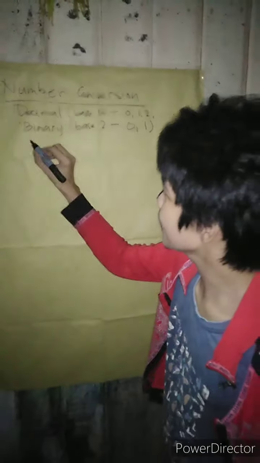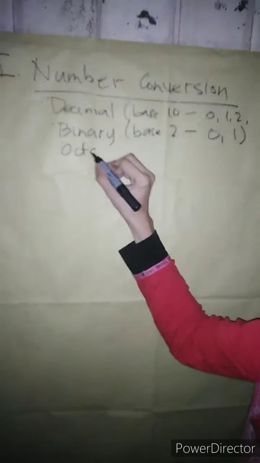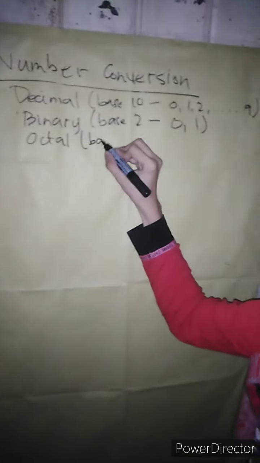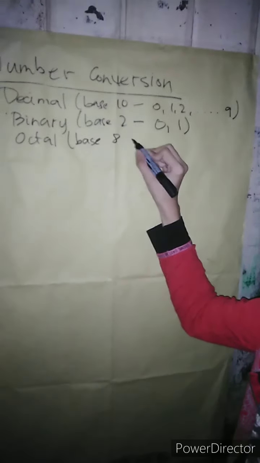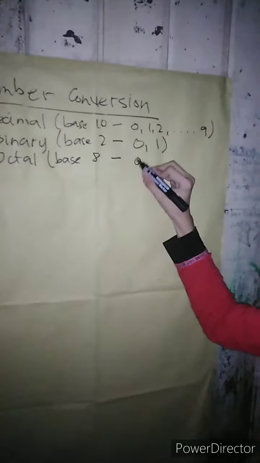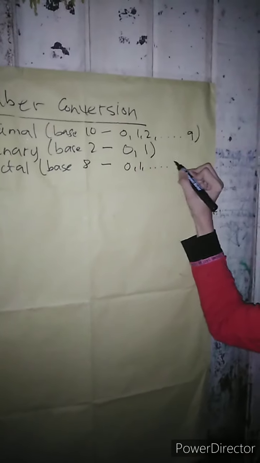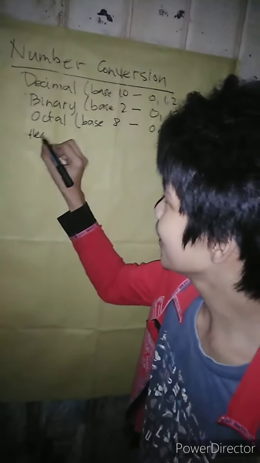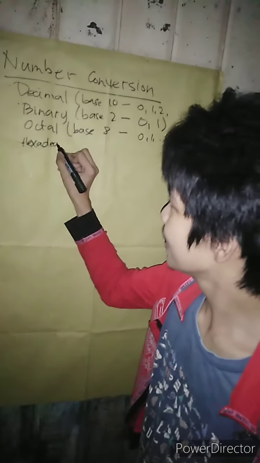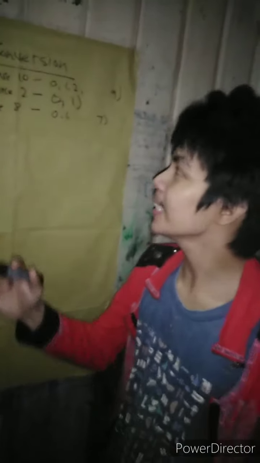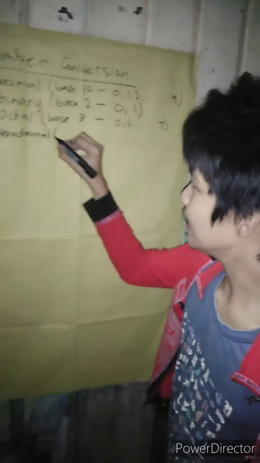Also, we have this octal, which is in base 8, and the digits 0, 1, hanggang 7. Also, we have this hexadecimal. Sa hexadecimal, ito na yung base na lampas sa 10.